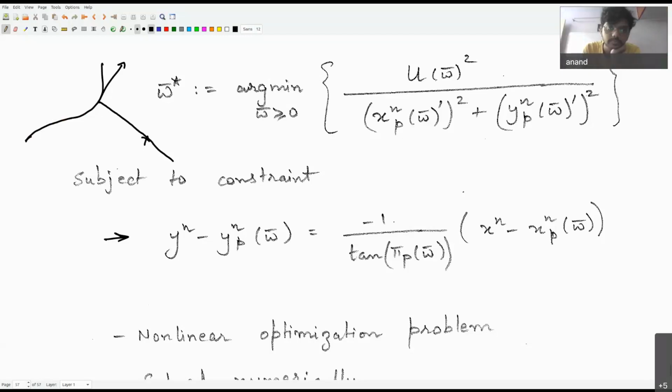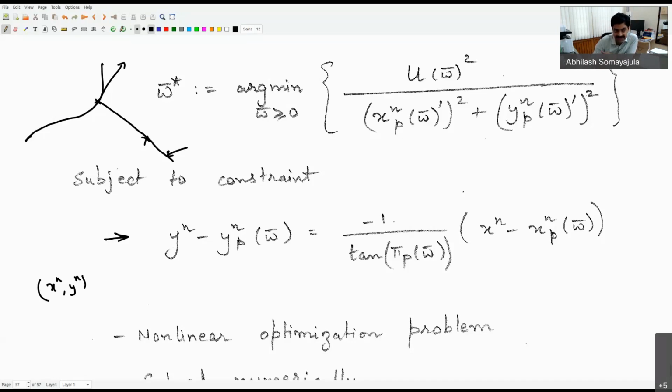So that is the constraint which is specified by this equation. It's specifying that this point xn, yn, which is where the craft is located, lies on this normal line. This line is nothing but the equation of this normal line, given that I know where this point is. Correct?